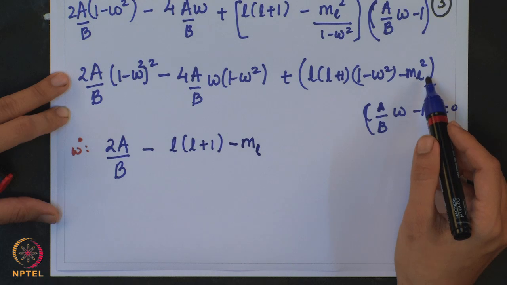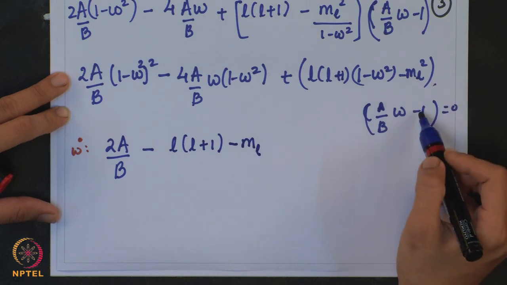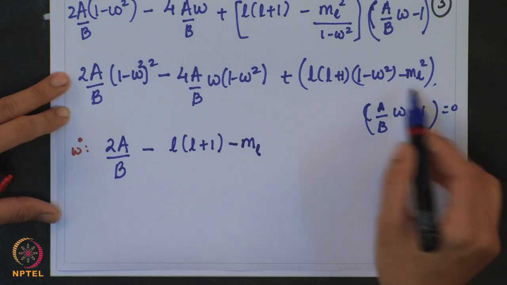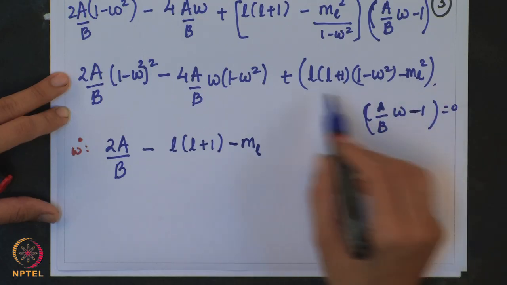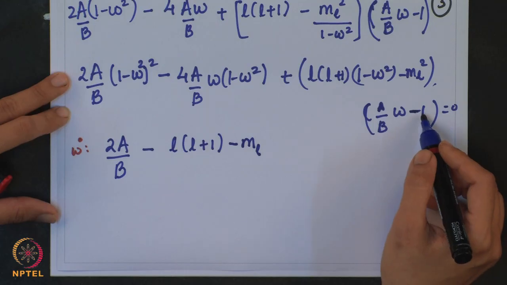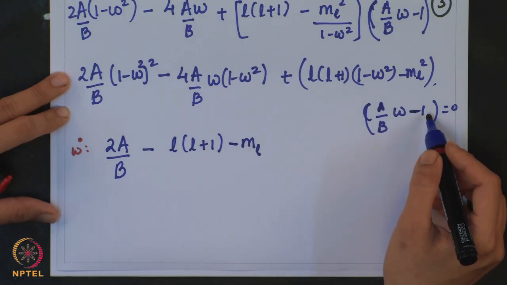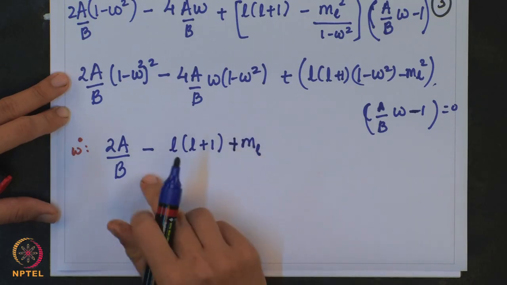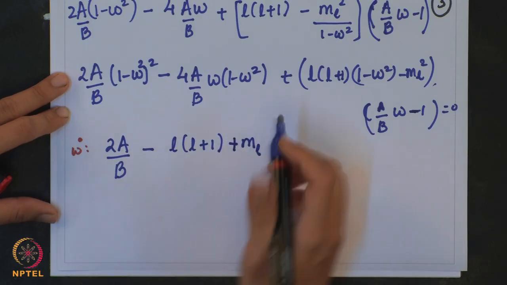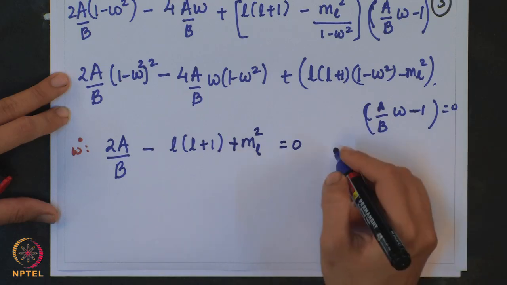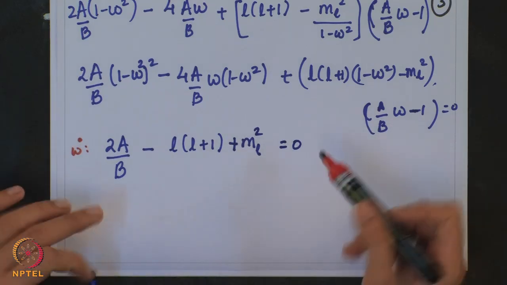This entire thing is multiplied by minus 1 for the coefficient of omega raised to 0. When I multiply throughout by minus 1, this minus and minus becomes plus, and there is a minus L into L plus 1 to ml square. This goes to 0. So this is my equation number 1.